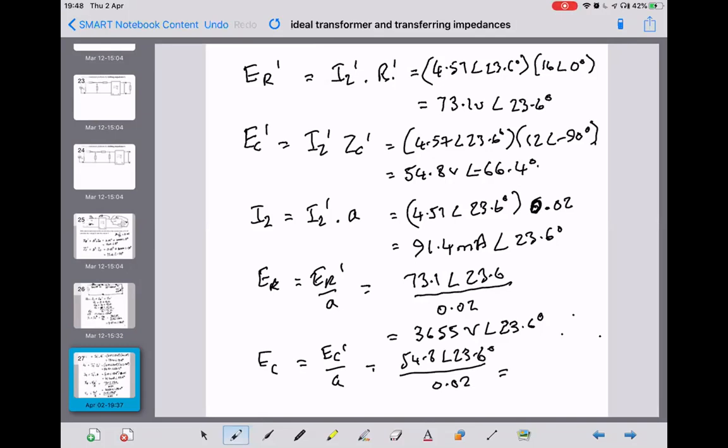I've got 2740 volts, and an angle, obviously, minus 66.4. I put the wrong angle down there. It should be angle minus 66.4 degrees.